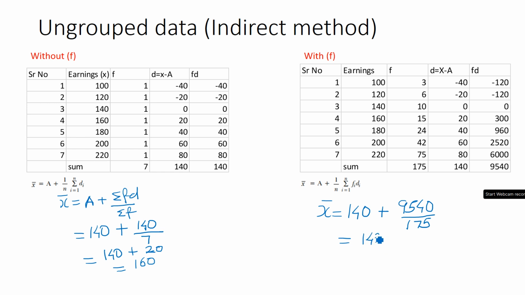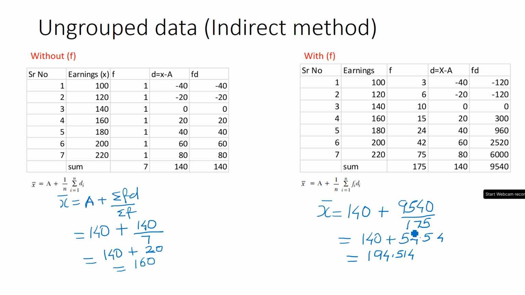So I do the calculation, 140 plus 54.514. So the average is 194.514. If you notice, the indirect method and the direct method obtain the same answer.